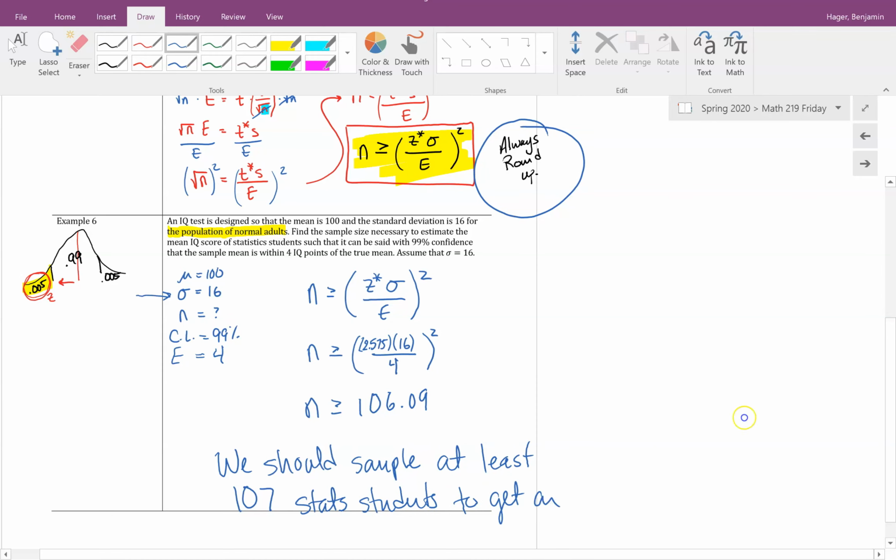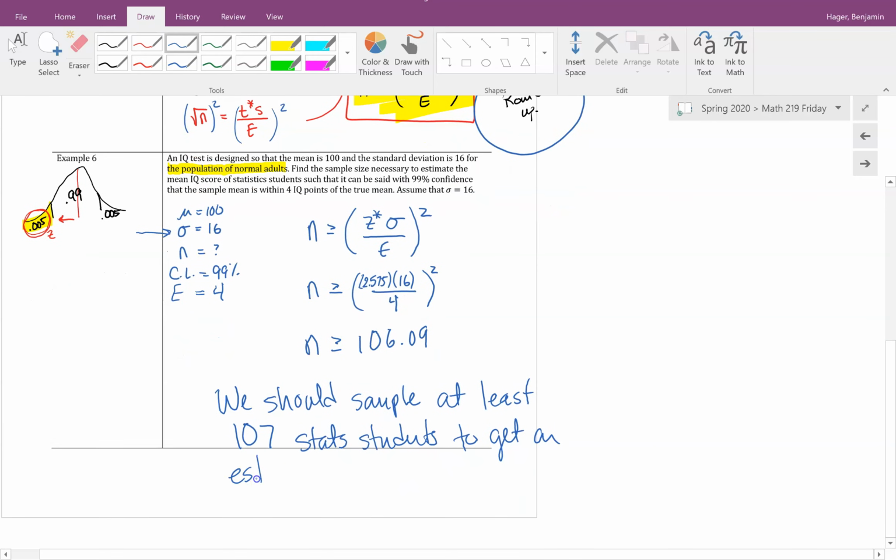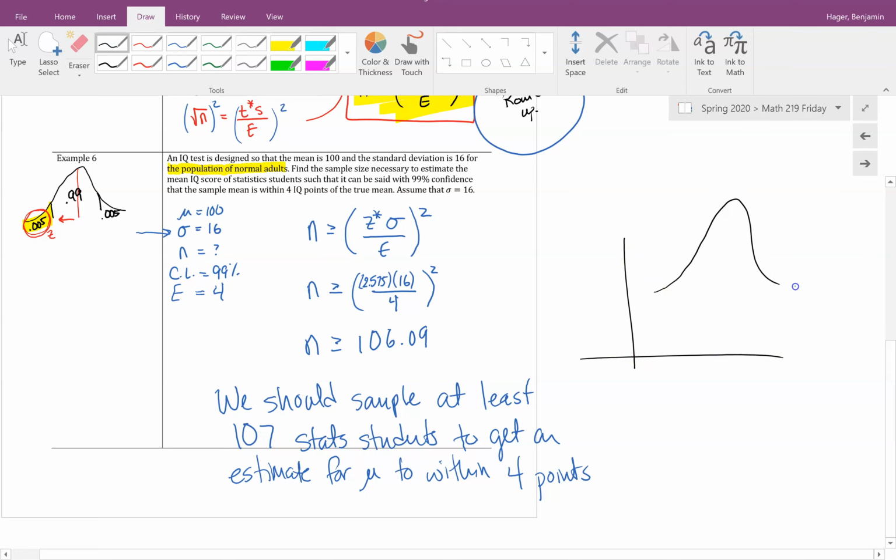To get an estimate for mu to be within 4 points. Again, the idea is you've got your IQ scores, they're normally distributed. So there's some mean, and they tell us that it's 100, that is the population mean.